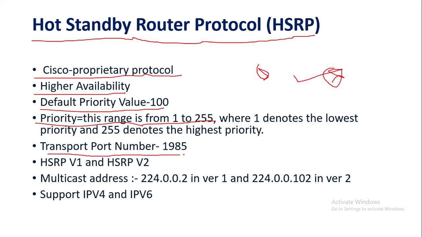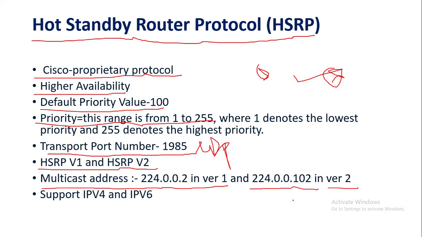They use UDP port number 1985. There are two versions, HSRP version 1 and HSRP version 2. There is only one difference, the group restriction, which I'll explain in the next slide. The multicast address used for version 1 is 224.0.0.2, and 224.0.0.102 in version 2.